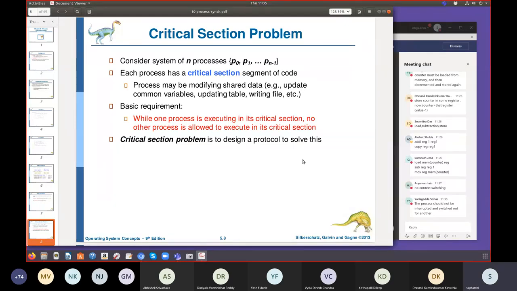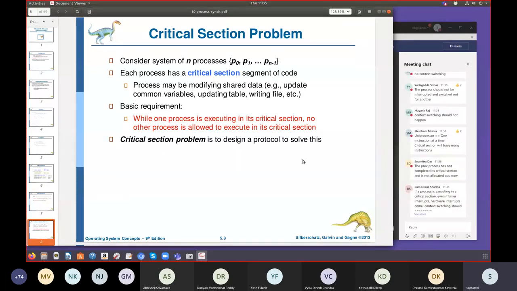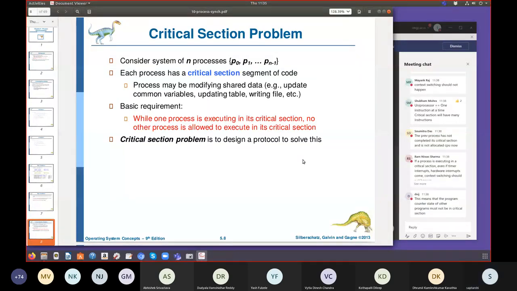Okay, Aryaman, Srihash, and Mayank are telling basically the same thing, that as long as the process is executing its critical section, it should not be swapped out, or there should not be any context switch.